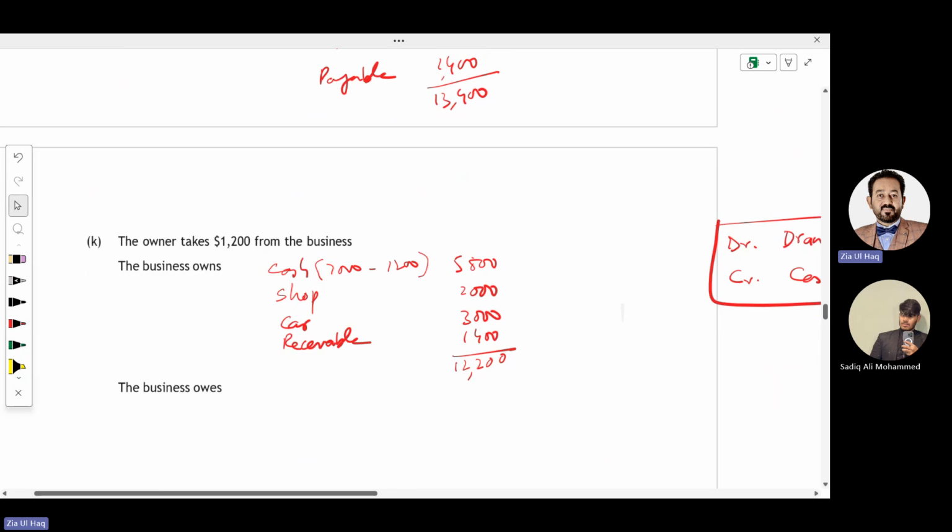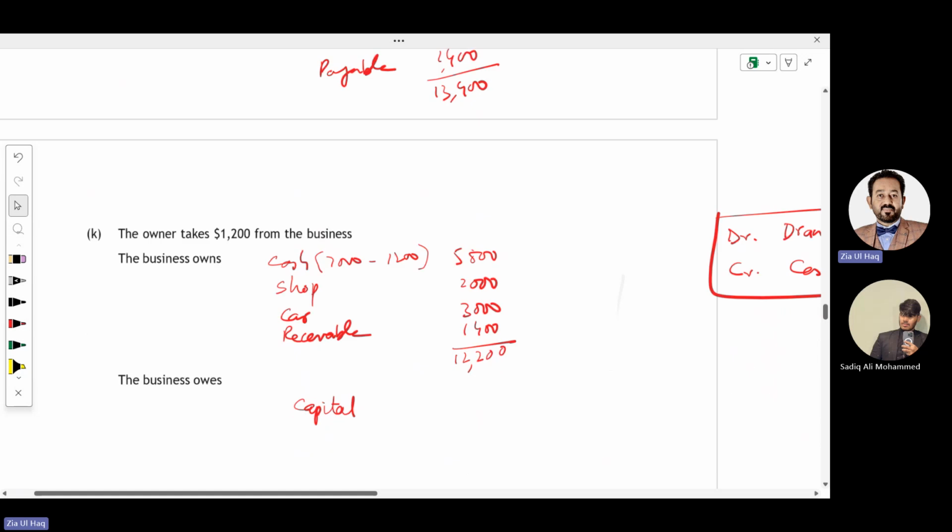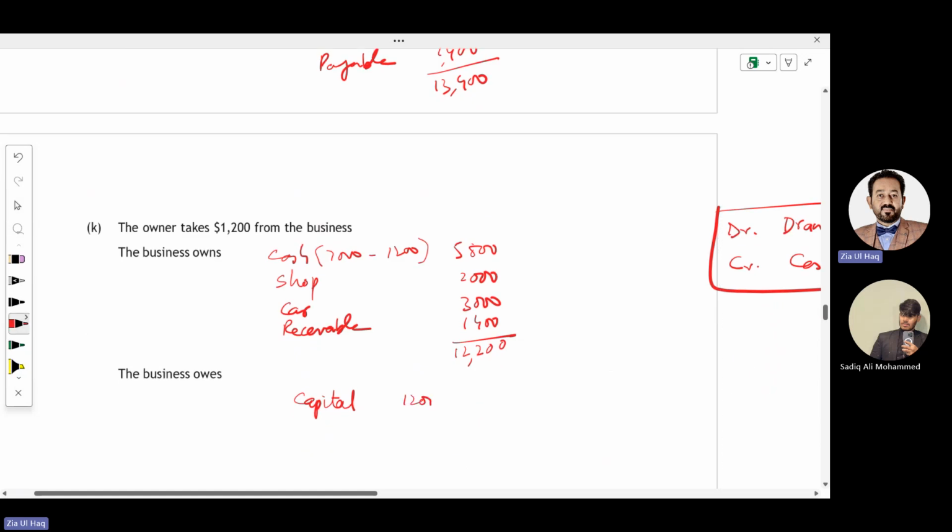How can we match this? See, capital was how much? 12,000. We need to deduct from capital the drawings. How much? 1,200.